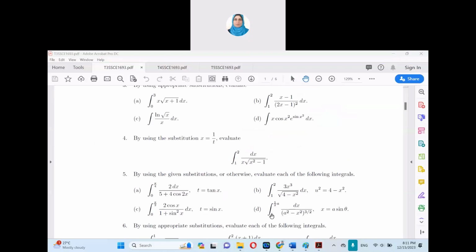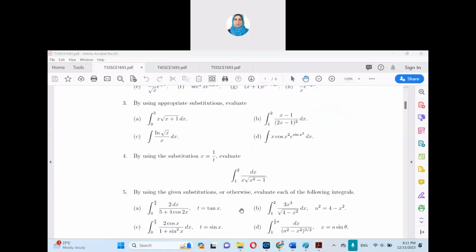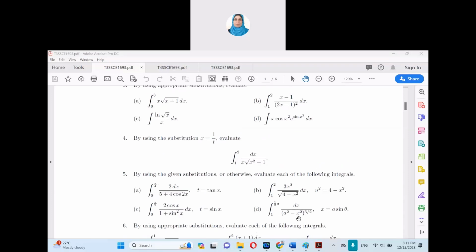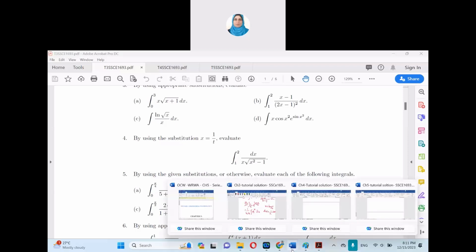By using the given substitution, find the following integral from 1 until a over 2 of dx over (a square minus x squared) to the power 3 over 2. And the substitution is x equals a sine theta.